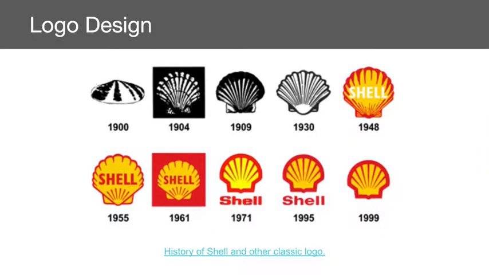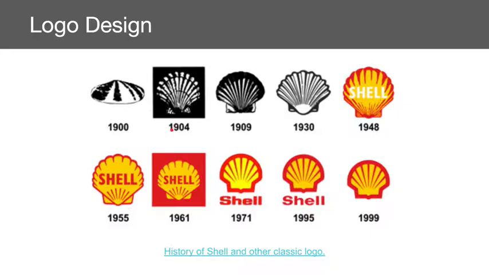This is a look at the Shell logo. It's a petroleum company. And this is how they started off in the 1900s. It was just an image of a shell, which works in some ways. But if you look at it, for me, it kind of looks like a UFO, and it doesn't necessarily give me that instant recognizability.